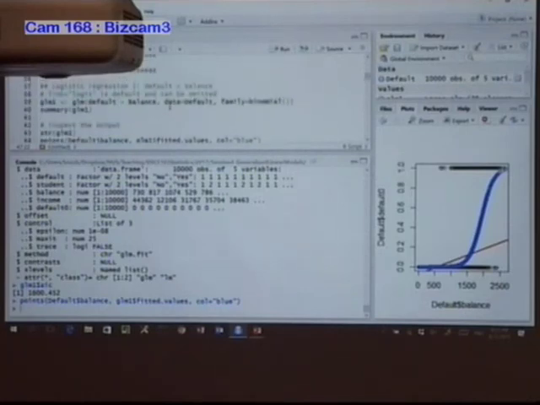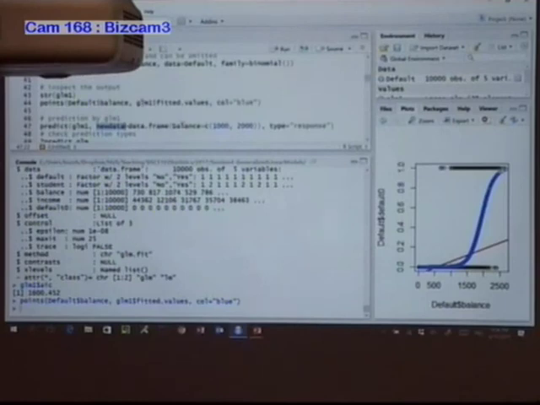In our model, x is just balance. So you need a data frame with a column called balance. I'm just constructing a new data set on the go. This is one data frame with one column called balance with two rows, 1,000 and 2,000.